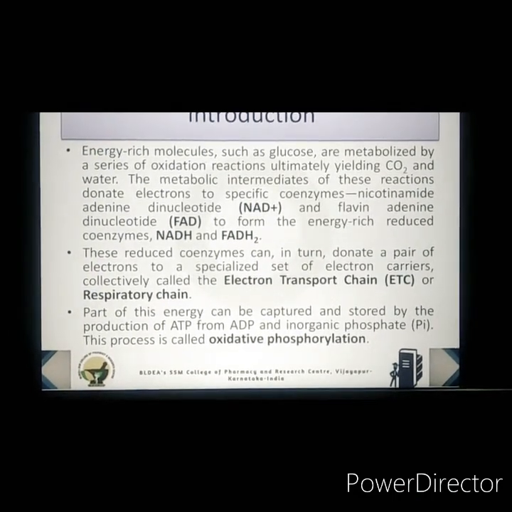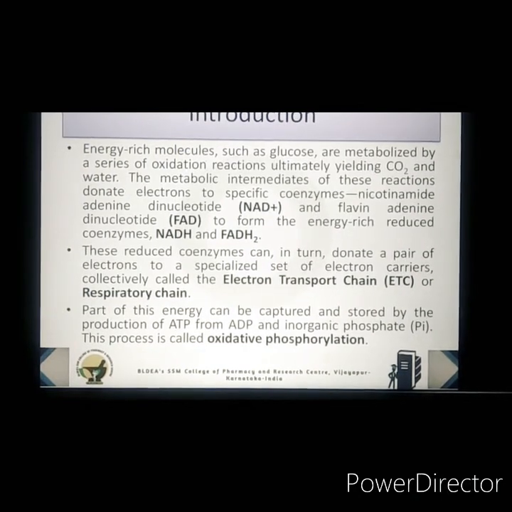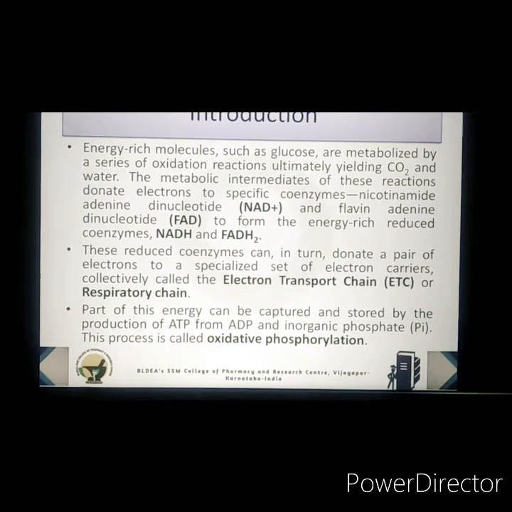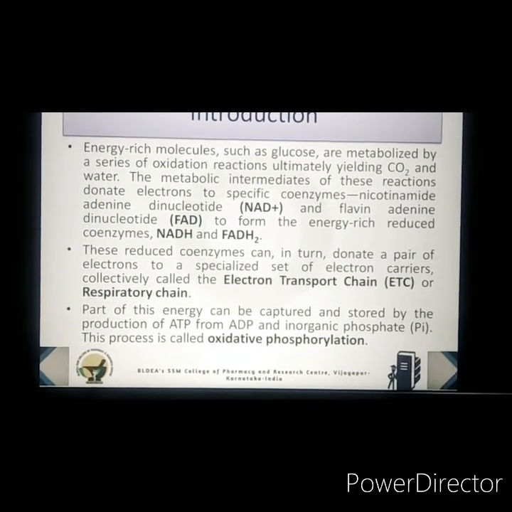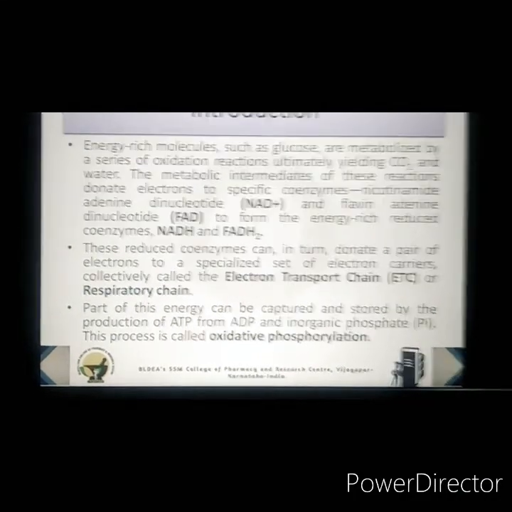So this transfer of electrons from the energy rich reduced coenzymes like NADH and FADH2 through a series of complex electron carriers is known as electron transport chain. Understood what is electron transport chain?